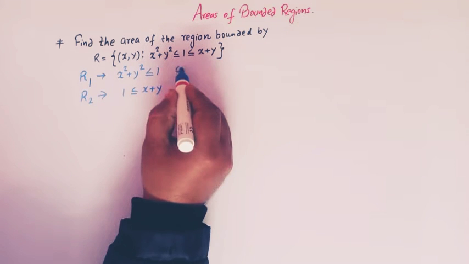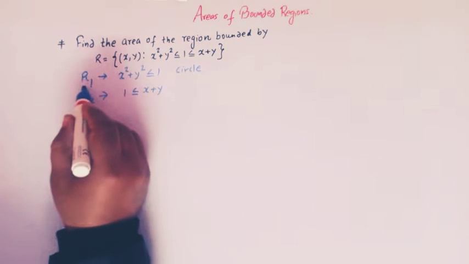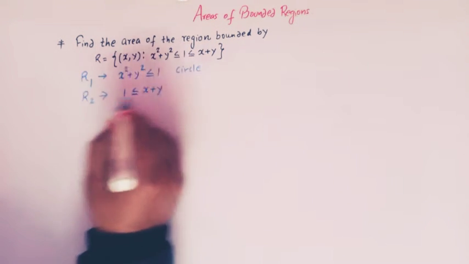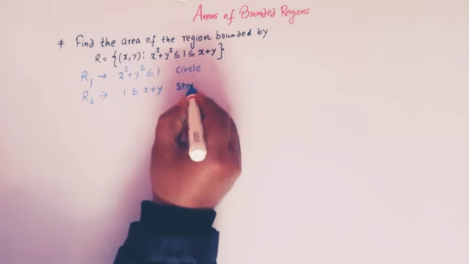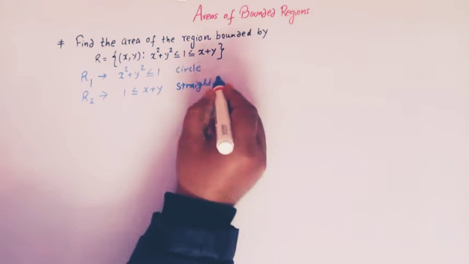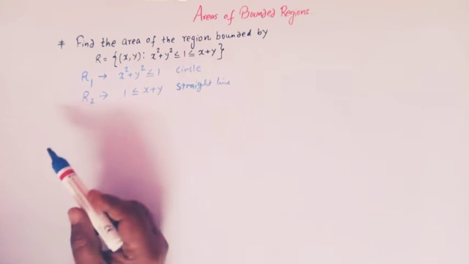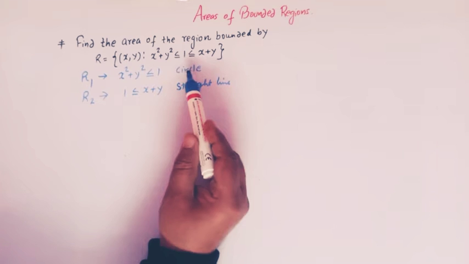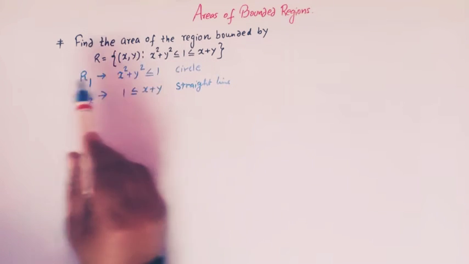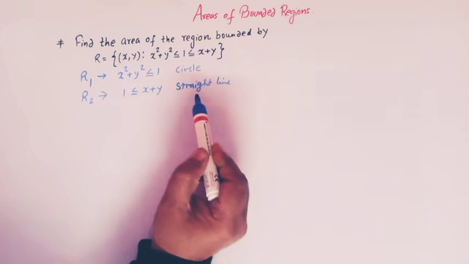So R1 represents a circle, R2 represents a straight line, right? And the region which we have to find out is the common region between this circle and straight line.